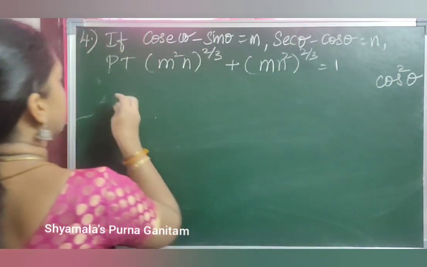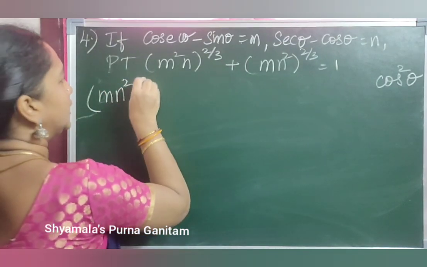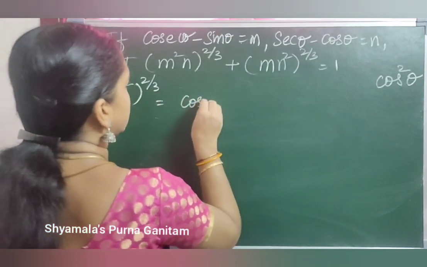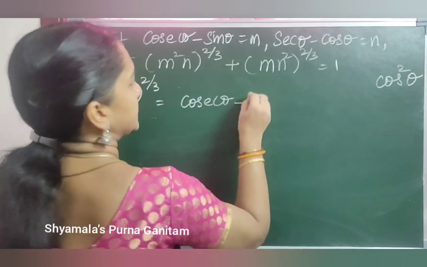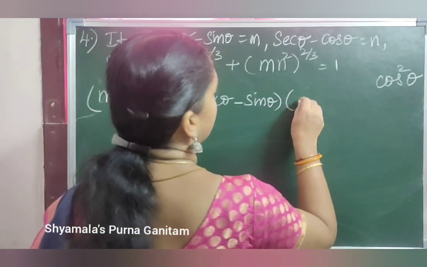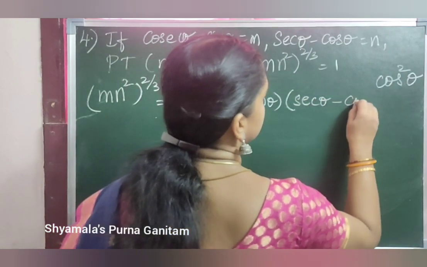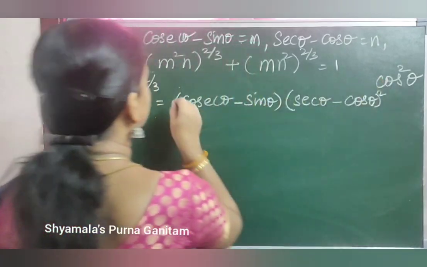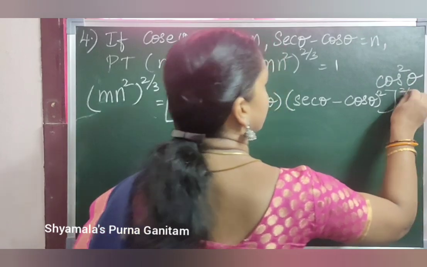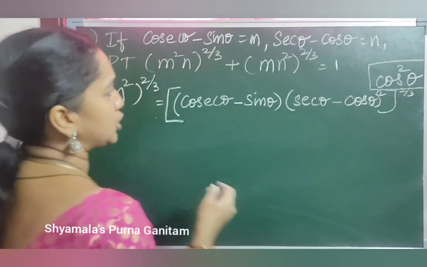Then the same procedure you have to follow for the other one also. mn squared whole power 2 by 3. The same thing. So m value is cosecant theta minus sin theta, and n squared is secant theta minus cos theta the whole square, whole power 2 by 3.